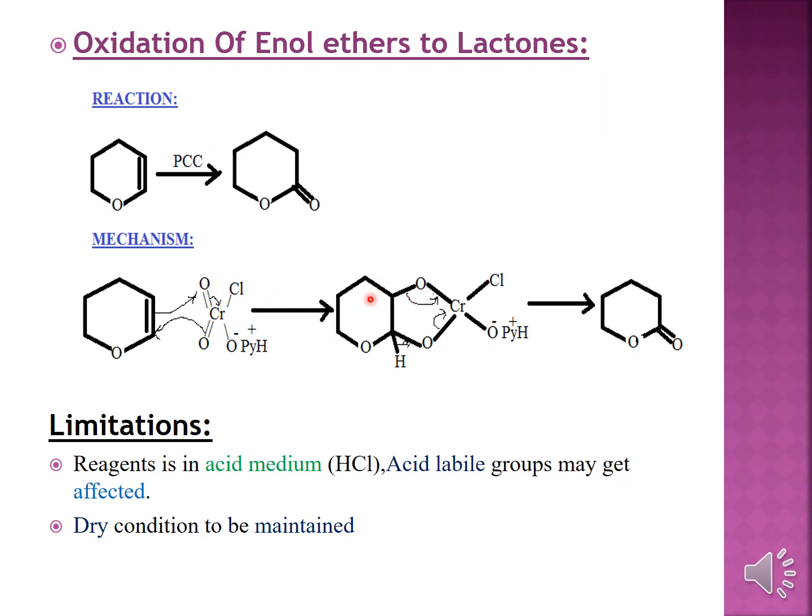Once the cycloaddition takes place, the bond with the hydrogen on this side shifts, and then this will break, and meanwhile this is also breaking. This is making a double bond, and then this whole group gets cleaved out, resulting in this lactone formation.